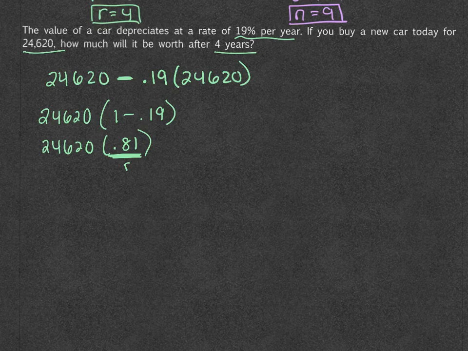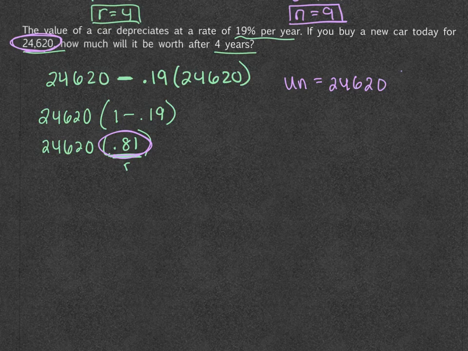So if we know that, then writing this equation should be pretty simple. We have the first term. We now know what r would be, so I'm going to plug that in. So u sub n would be my first term, 24,620 times r to the n minus 1.